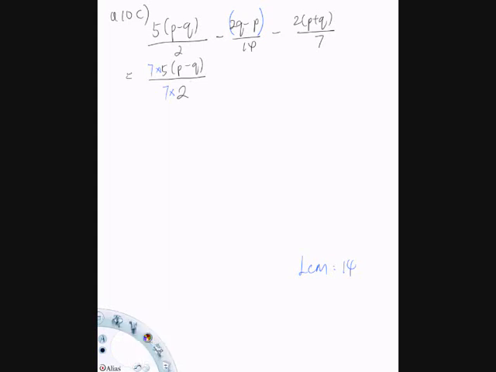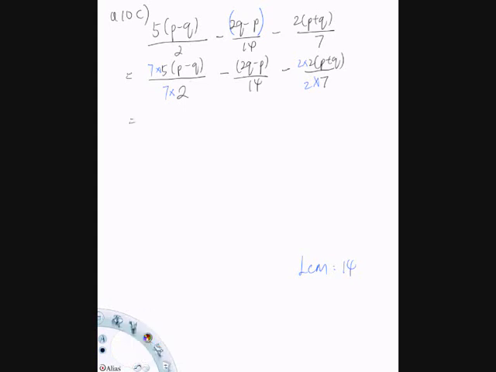For the second term, I don't have to do anything. I just transfer it down as per normal. And for the last term, to make it 14, I need to multiply it by 2.